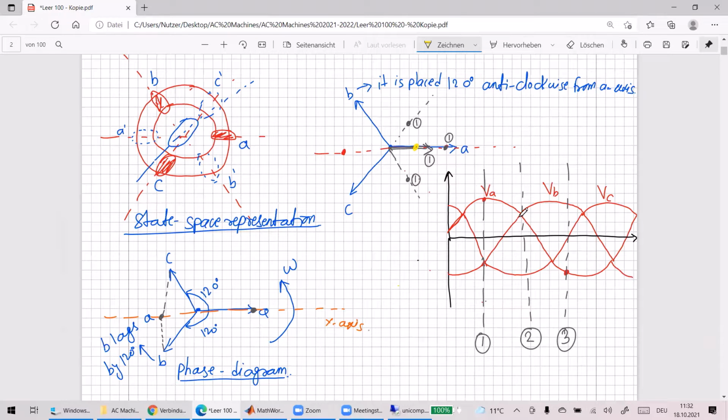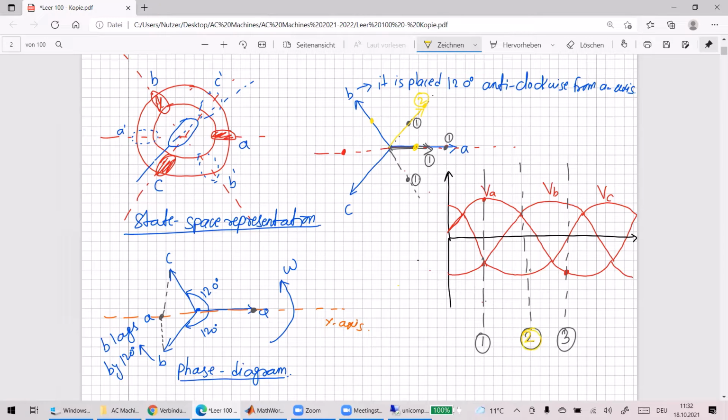And then the B phase is also positive, so it is somewhere here. And then the C phase is negative and it's maximum. So negative and maximum means it will be somewhere here. So you can find the resultant which will be pointing in this direction. So this is the resultant for the second case.